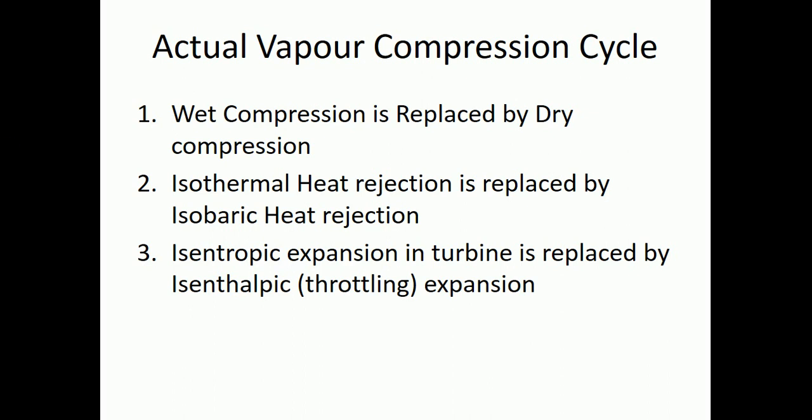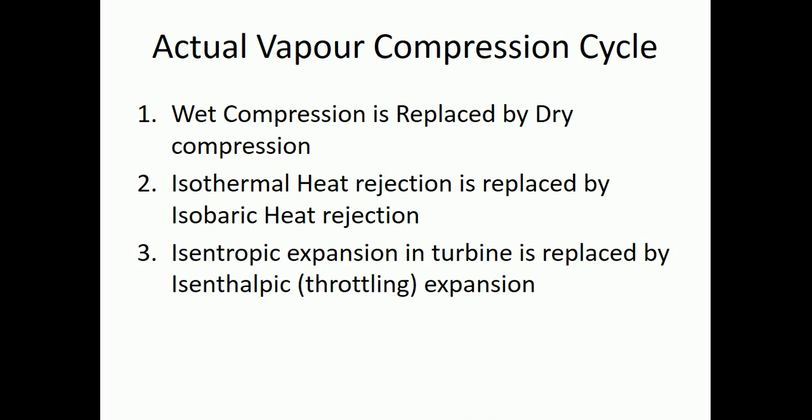The second point: isothermal heat rejection is replaced by isobaric heat rejection. In the actual vapor compression cycle there is only a single compressor that is used to increase the pressure from a lower pressure to a higher pressure, in the superheated region.